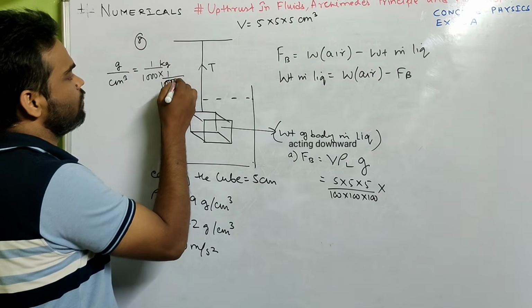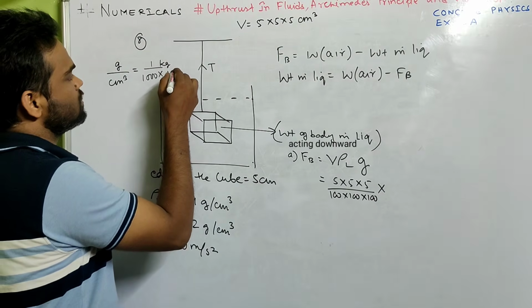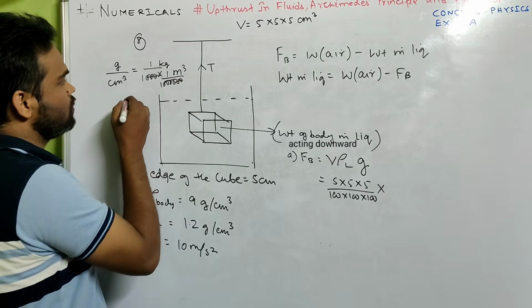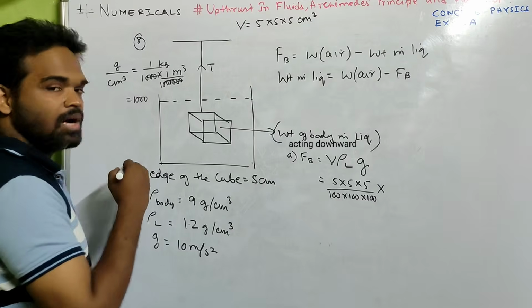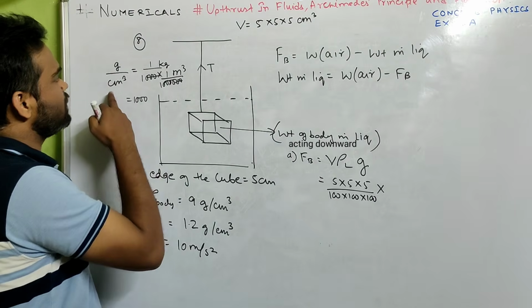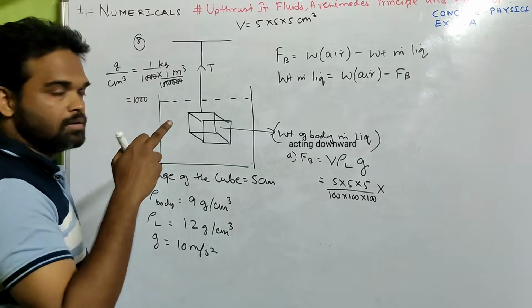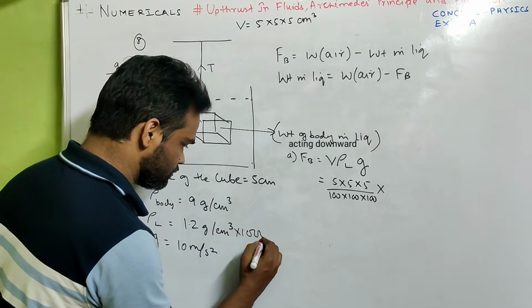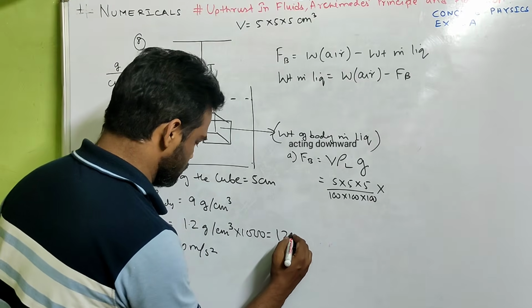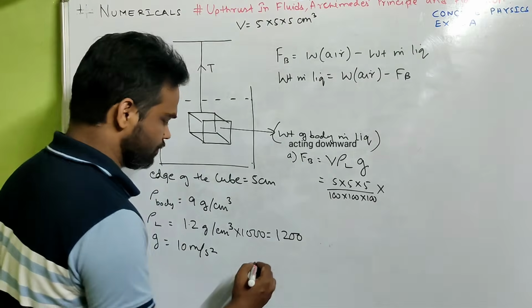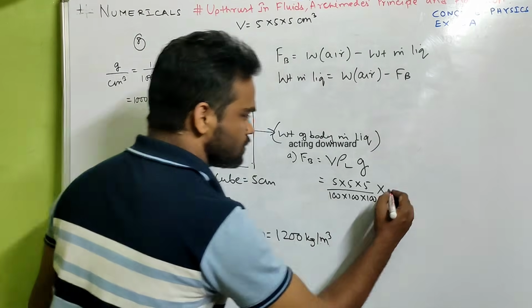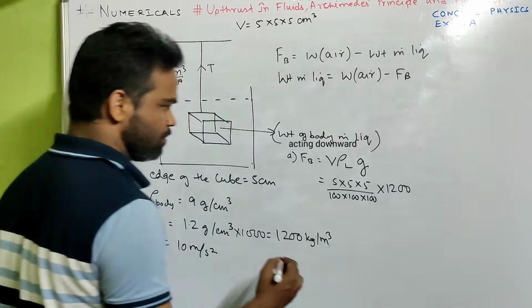This 1000 goes up. So, we need to multiply by 1000. So, 1 gram per centimeter cube is 1000 kg per meter cube. So, that's 1200 kg per meter cube. Am I correct?